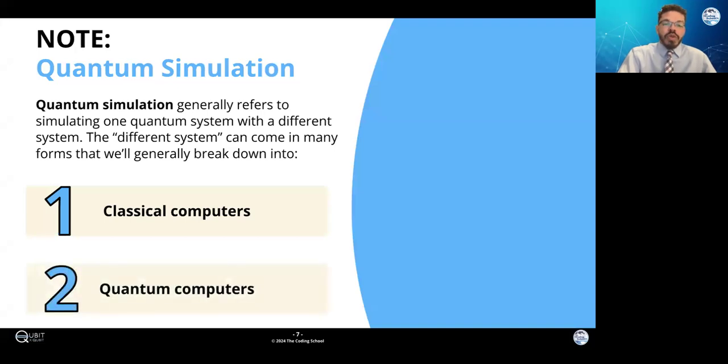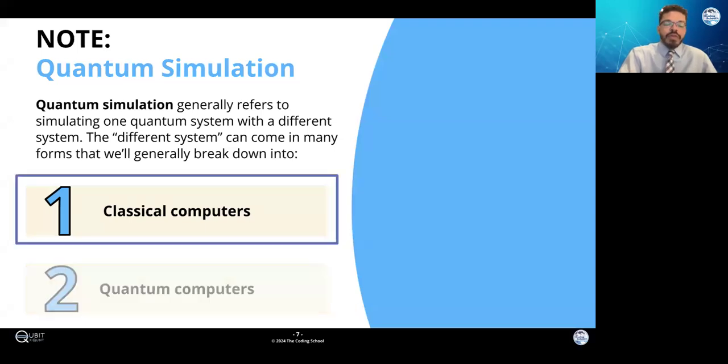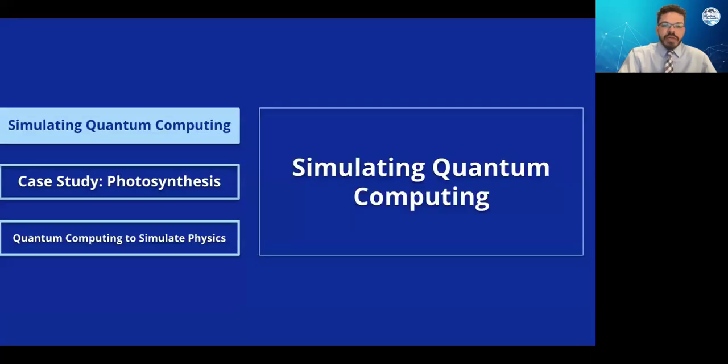Or you can do a simulation of a quantum system with a quantum computer. Okay, so we're going to think and talk about both of these different ways, why you might want to use one versus another in our lecture today. But the first one we're going to talk about is quantum simulation with a classical computer.